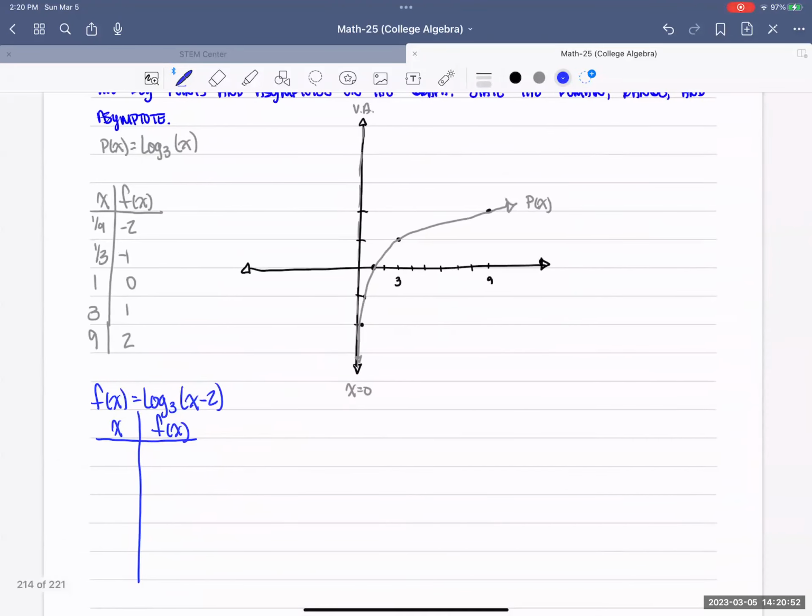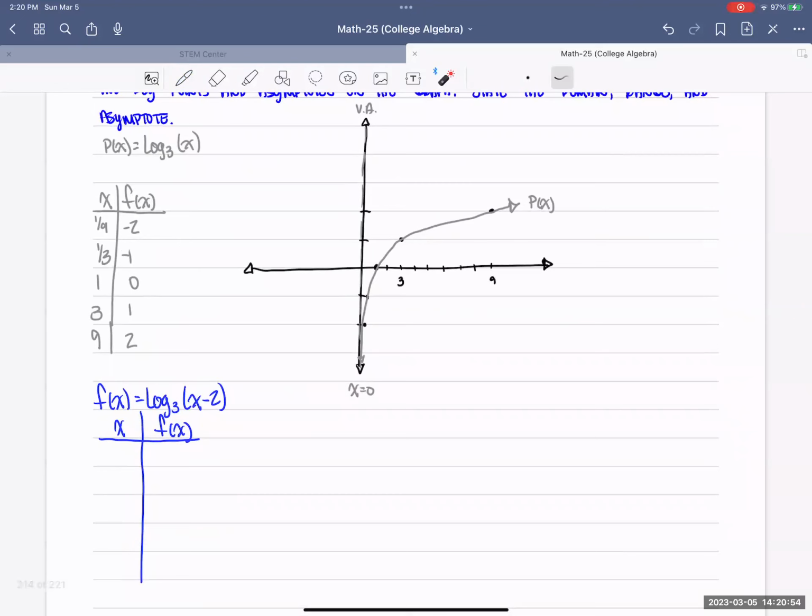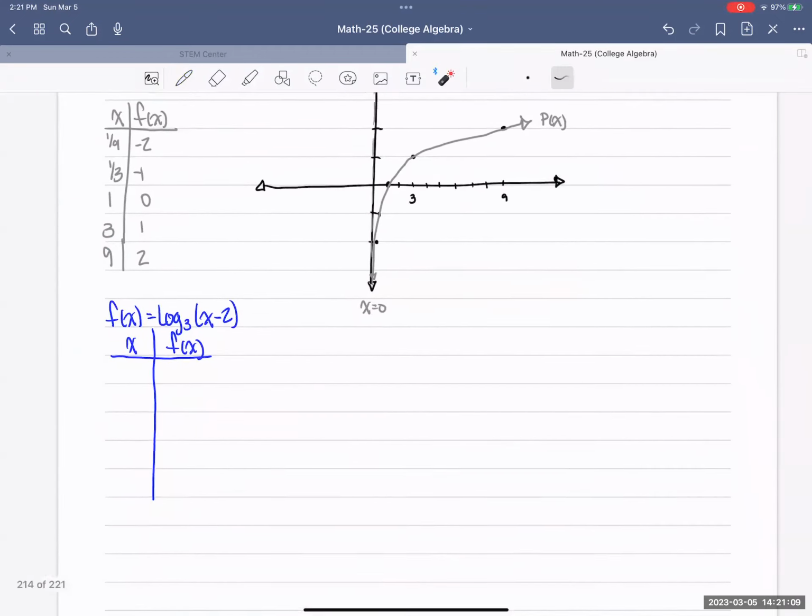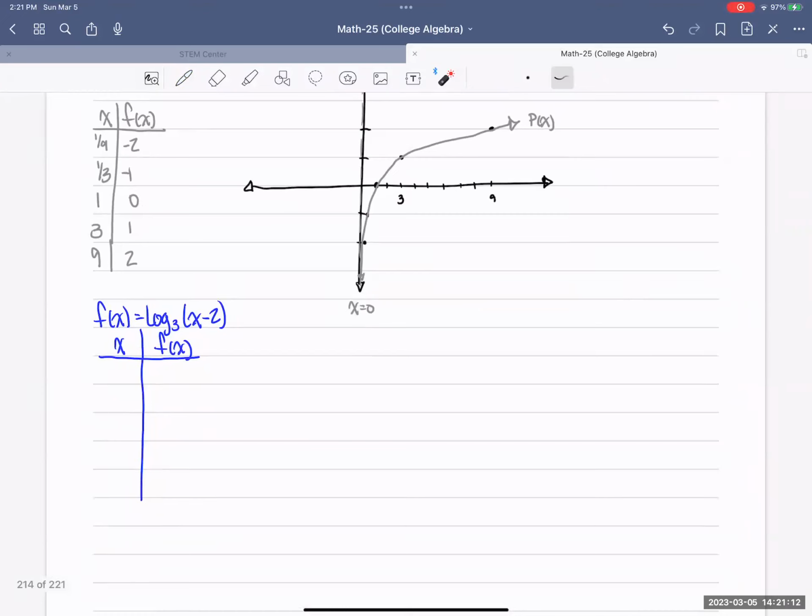And here what we did is we moved our input right 2 units. So we're adding 2 to our input. Let's start with 9, just so you can see it better. We're adding 2 to each of our inputs. So 9 plus 2 gives us 11.